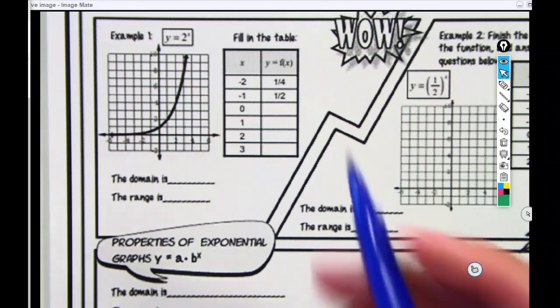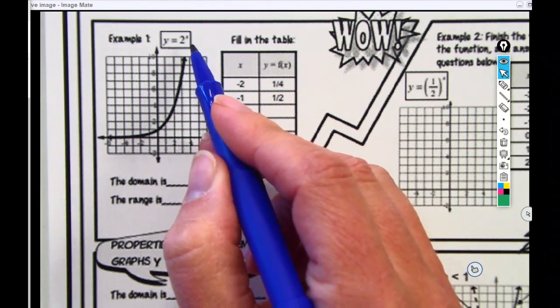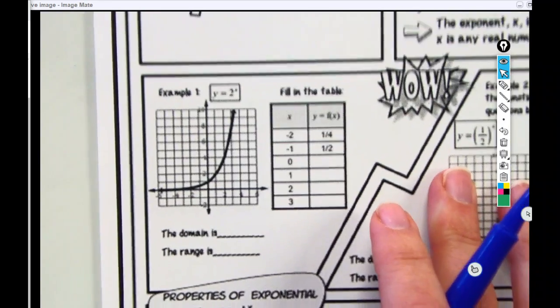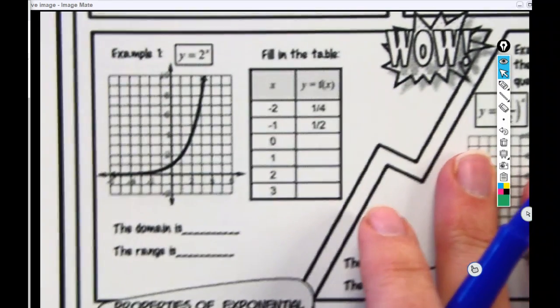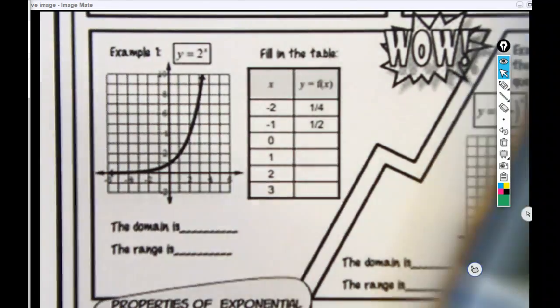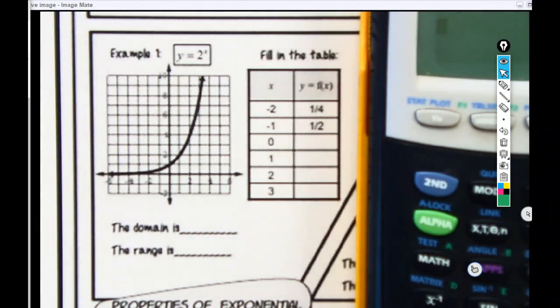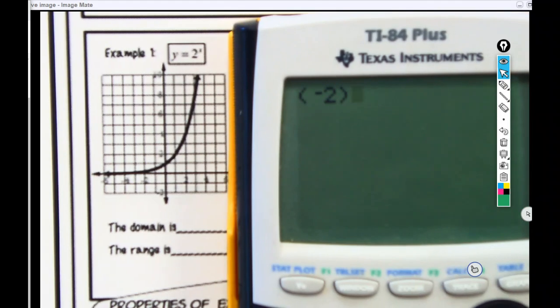And if your base is a negative number, like my base in this one is +2, but if my base was a -2, you have to remember to put that -2 in parentheses before you raise it to the exponent. But in this case, we have a positive number, so we're good.